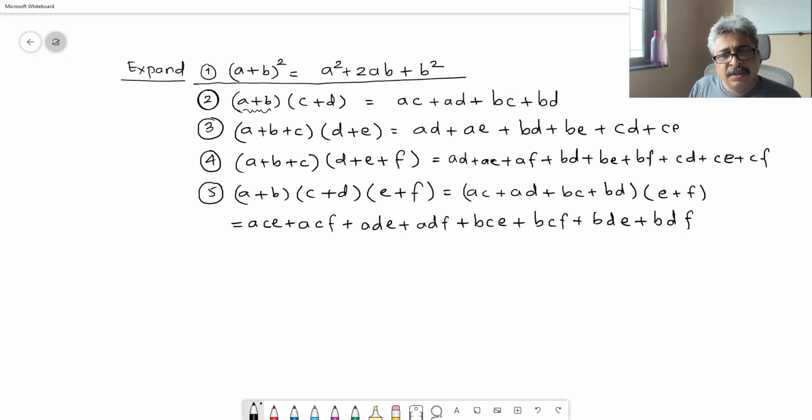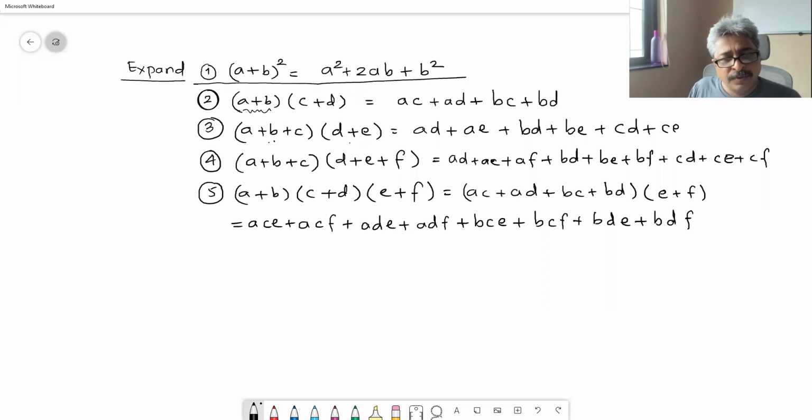In the third, the first bracket has 3, the second bracket has 2. After expansion, we have 6 terms. Every term in RHS has one letter from the first bracket, another letter from the second bracket. Again, there is no term in RHS which has both the letters from the same bracket.